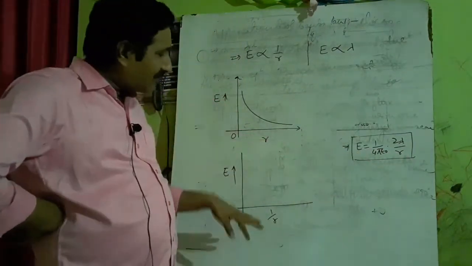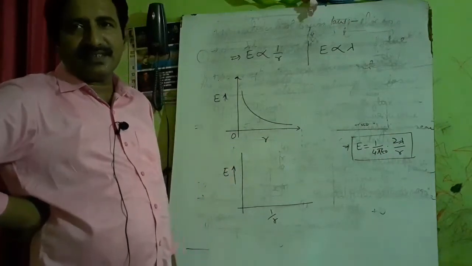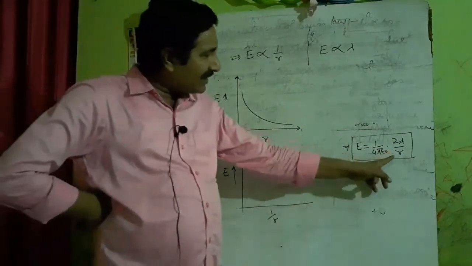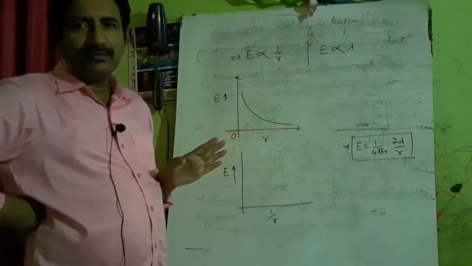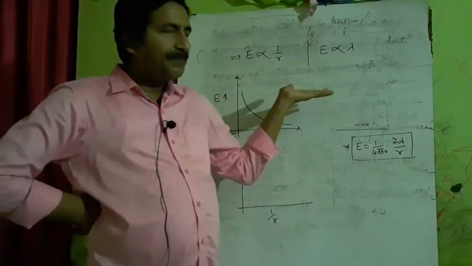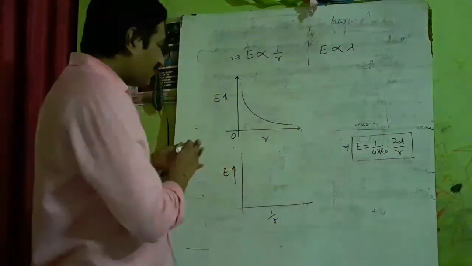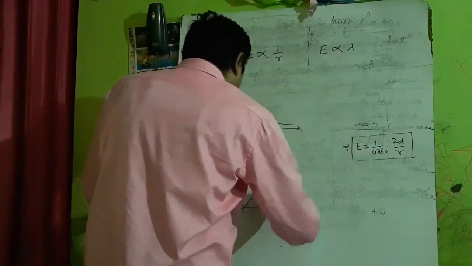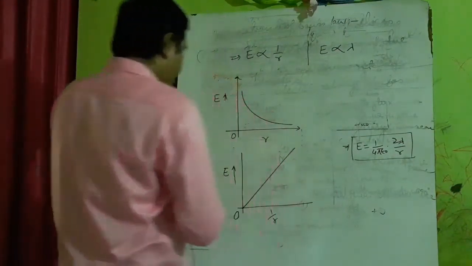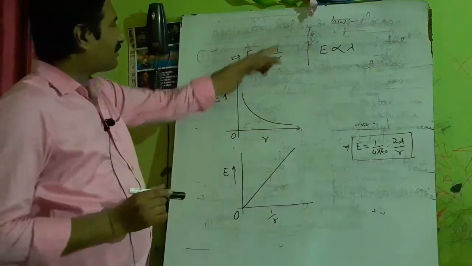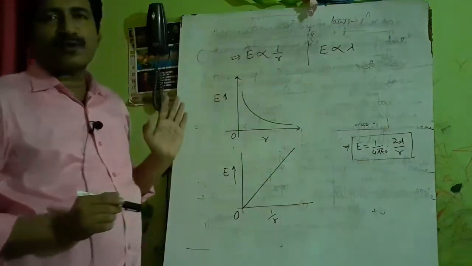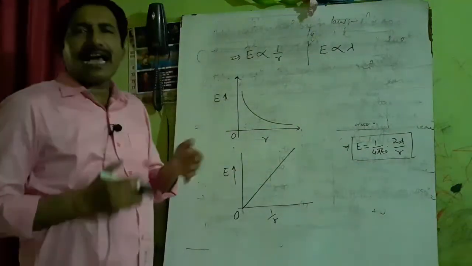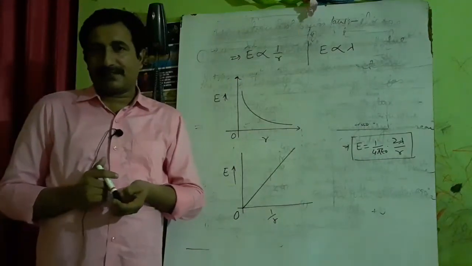And when 1 by R is infinity, means R will be 0, then E will be maximum, that is, infinity. The graph will be like this. You see, E is proportional to 1 by R, E is inversely proportional to R. So these graphs are also asked in board examinations.